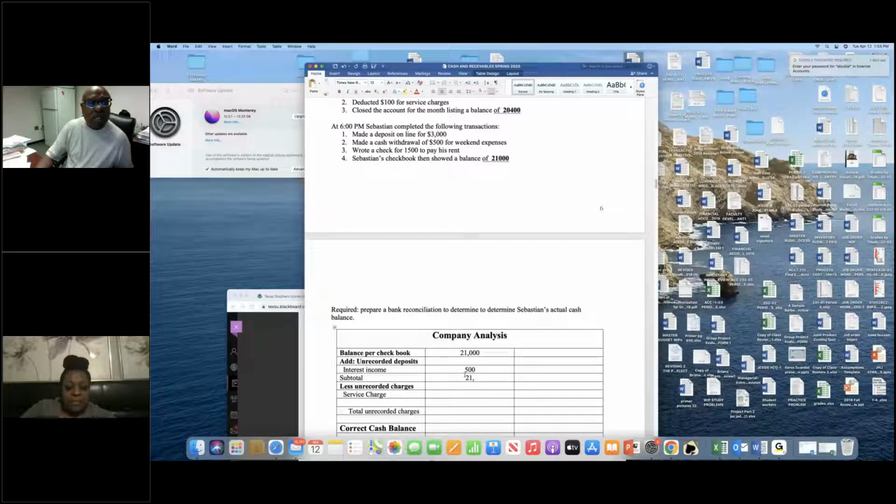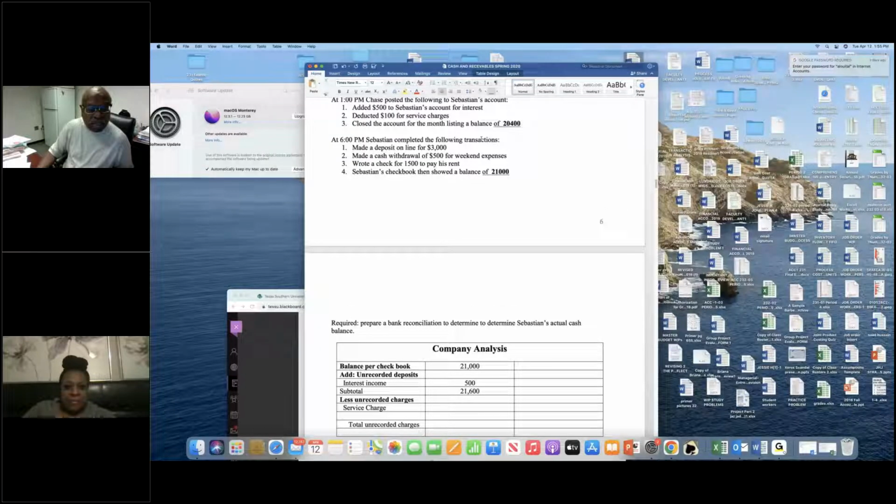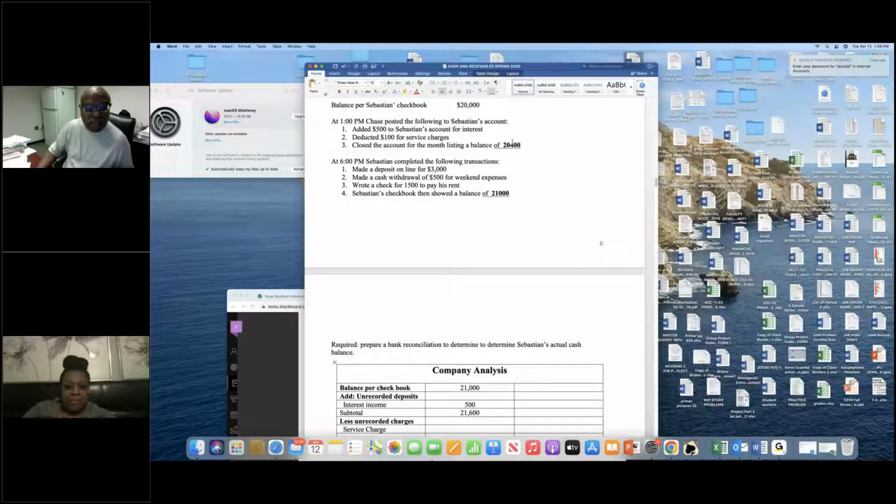Then he's got to put the service charge in because he doesn't have this. Wait a minute, the checkbook's 21,000. Add the interest, 500, so that's 21,500.